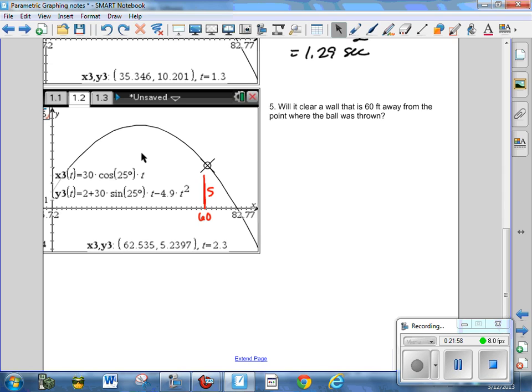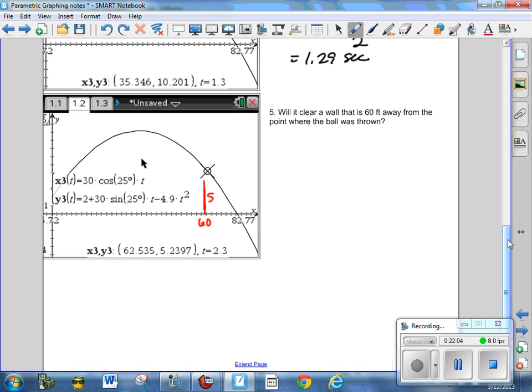So obviously the answer is yes, but how could we figure that out for sure? We're using the equations. Well, I know that when x is 60, I want to know if y is bigger or smaller than 5. So I use my first equation, equation number 1, and I put in 60 for x. So 60 equals 30 cosine 25 times t, and I solve it for t.